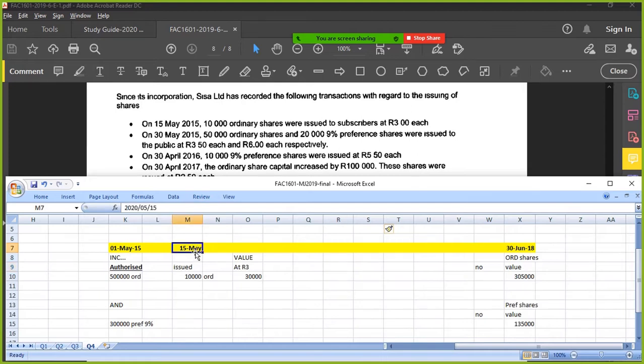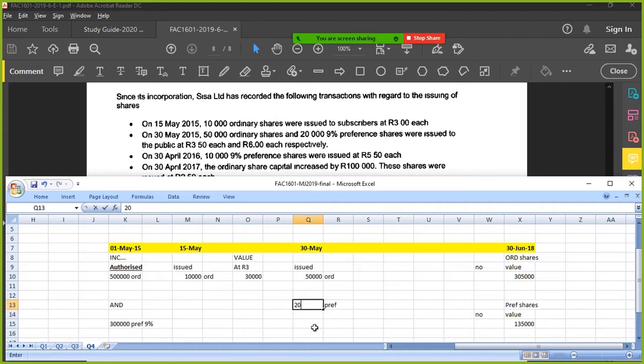That was 15 May. Now 30 May. What happened on 30 May? 50,000 ordinary shares and 20,000 pref. So now we do have pref here.